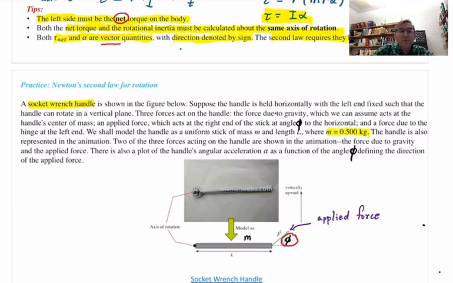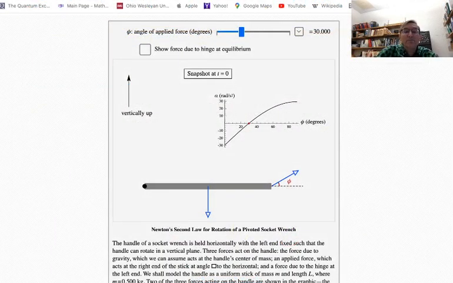First, let me show you the animation I referred to on Wiley Plus. Okay? So here you're looking at a vertical plane. Vertically up is upward there in the picture. You can see the horizontal stick. It's being held horizontally. That represents the socket wrench handle. You can see the axis of rotation is that large dot at the left end.